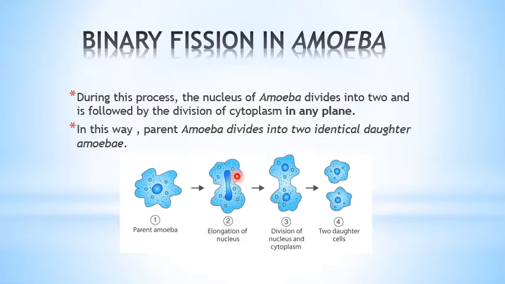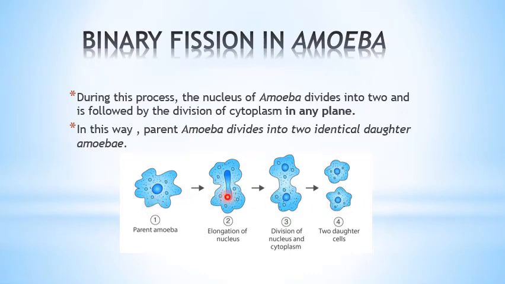The elongation forms two daughter nuclei, followed by the deepening of the cytoplasm, and ultimately two daughter cells are formed which are identical to their parents.